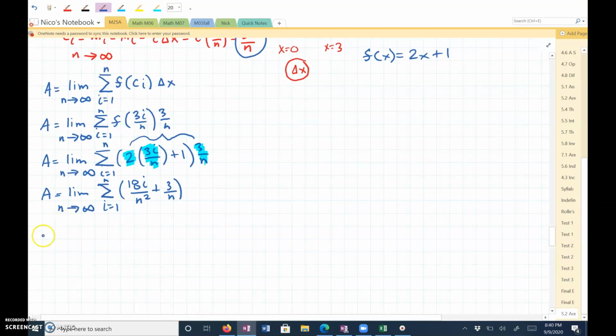Then you can write this as two separate summations. So this first one here, we can factor out 18 over n squared, the summation when i is 1 to n of i, plus, here we can factor this out, 3 over n of the summation i equals 1 to n of 1.